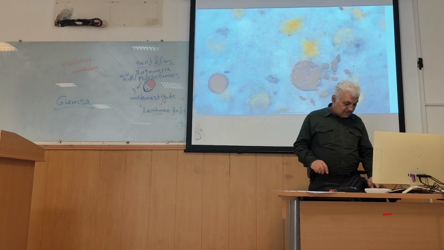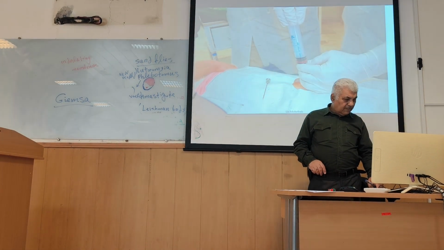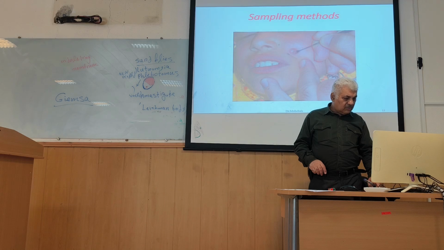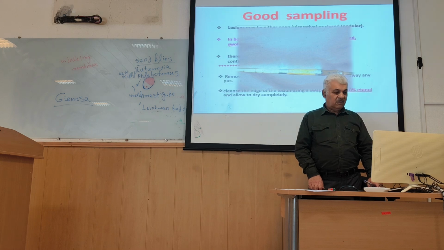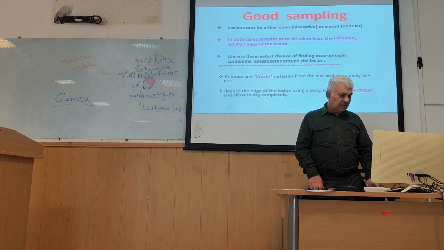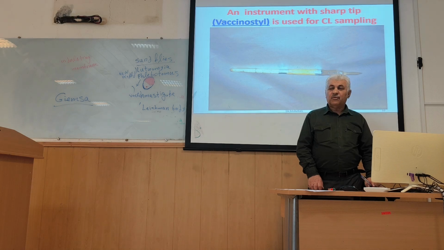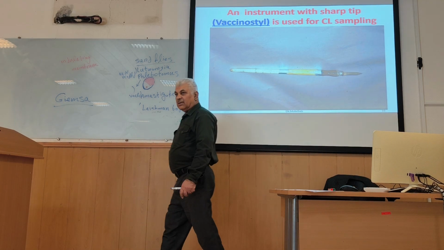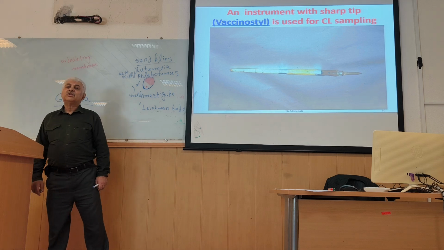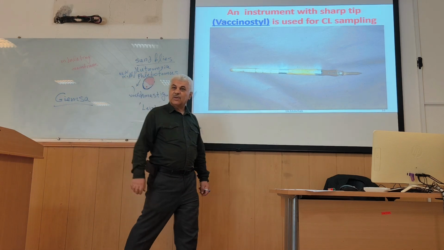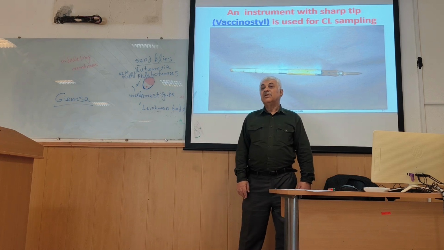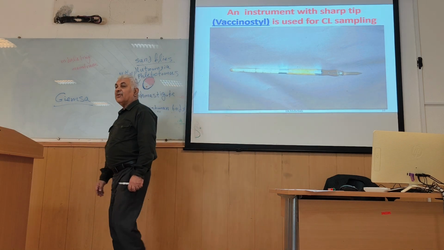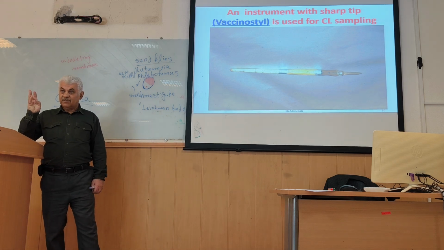So the first stage for the diagnosis of leishmaniasis is microscopical or parasitological examination for skin lesions. But for a patient suspected of visceral leishmaniasis, not cutaneous leishmaniasis, we can prepare a sample from the spleen.